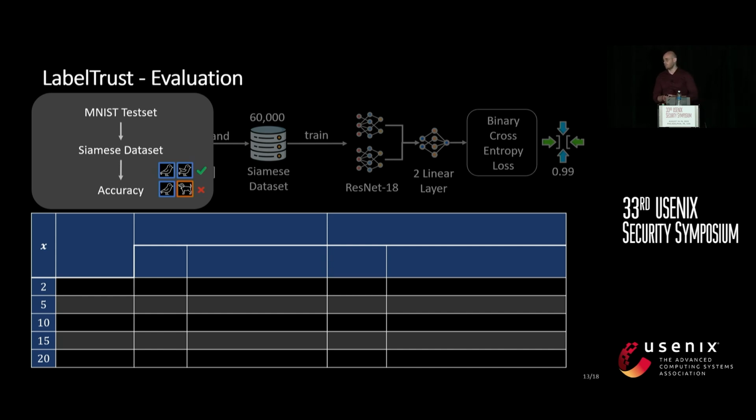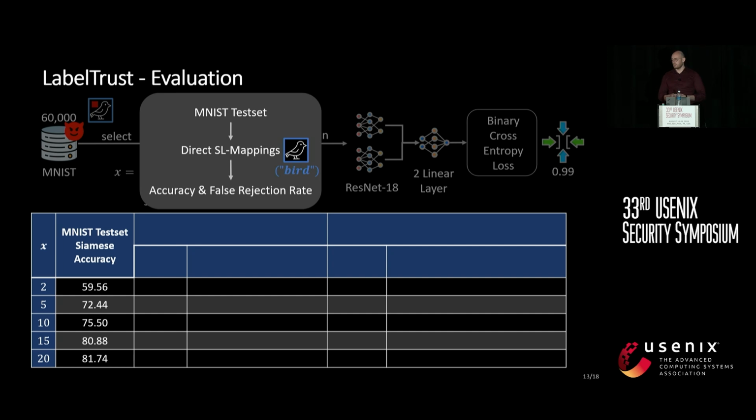Again, we formed some pairs, and we looked at the accuracy. As you can see, the accuracy increases with more samples in the reference dataset, which of course is expected. The more samples you have in your reference dataset, the more knowledge is embedded in there, and the higher the quality of the classifier of the Siamese network is. Therefore, we can see that our intuition that this human in the loop increases the performance is true.